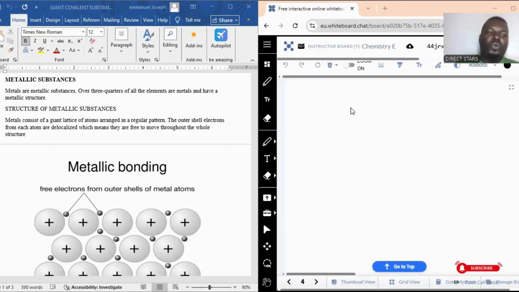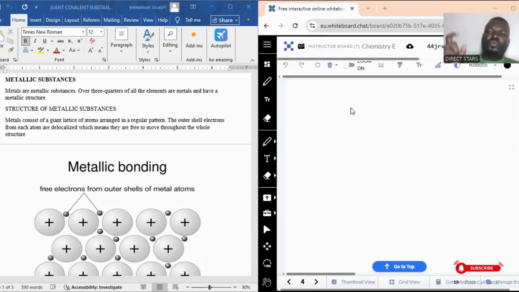Metals generally have a giant lattice structure, arranged in a regular pattern, and the outer shell electrons of metals are delocalized. What I mean by delocalized is they are mobile, they can move. They are free to move in every part of the structure of the metal.